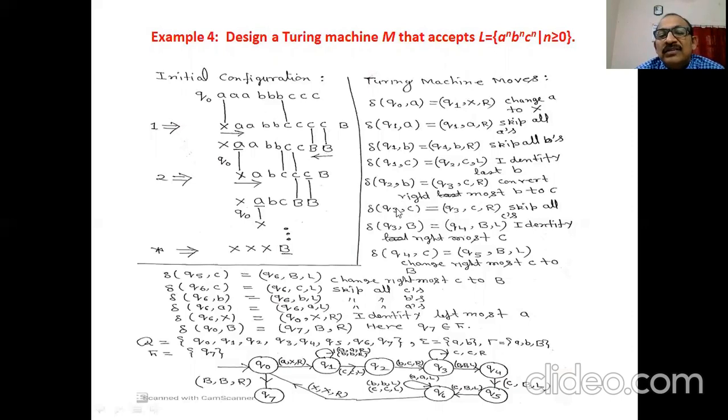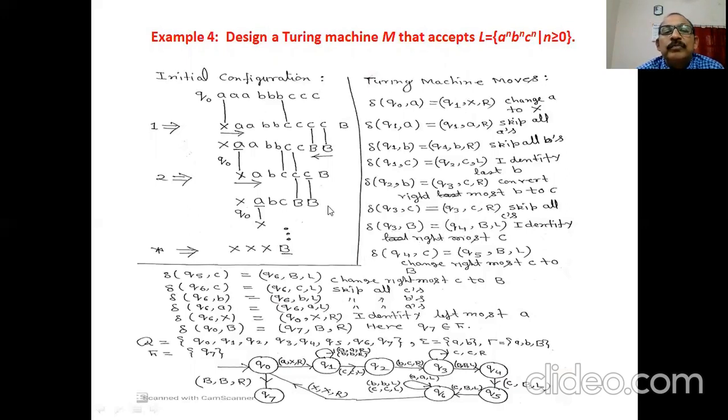So these two transition functions do these activities. Machine in state Q3, input is B, moves to the state Q4, replaces this B by B and moves in the left direction.